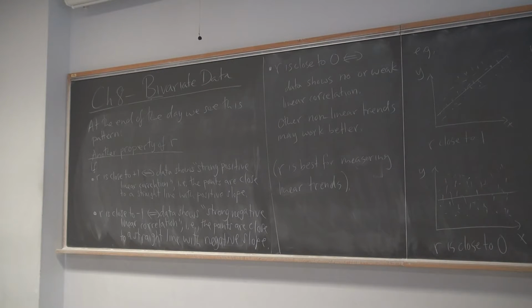Now, it turns out there are many ways that R can be close to 0. For example, I can have this trend.